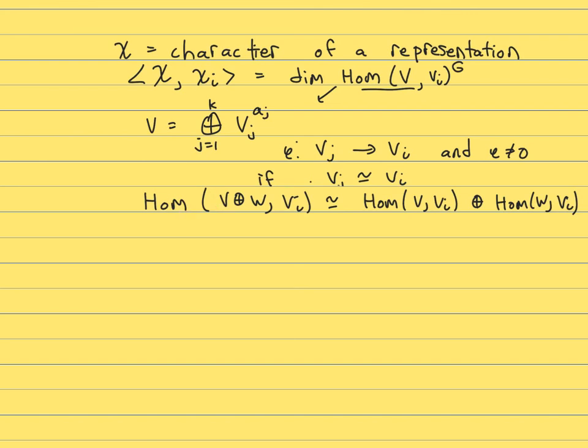You can decompose your linear transformation into what it's doing on each separate subspace because they're independent subspaces. So the whole point is all these pieces don't matter except the Vj part. And so you're really reduced to looking at the dimension of Vi to the Ai in here.